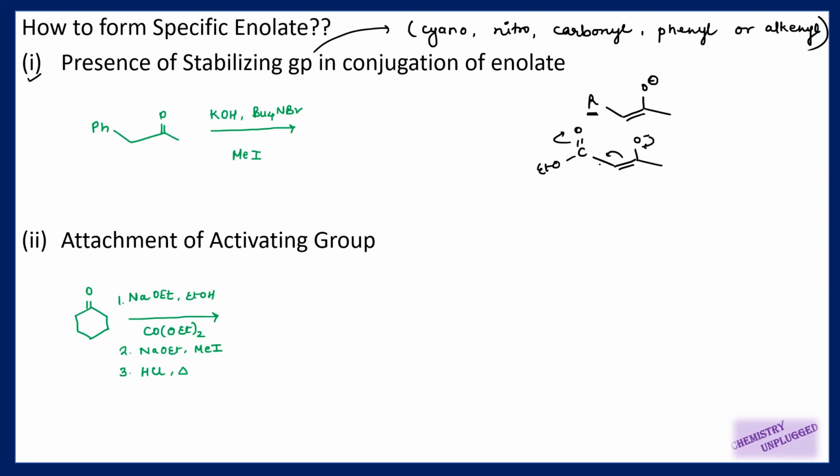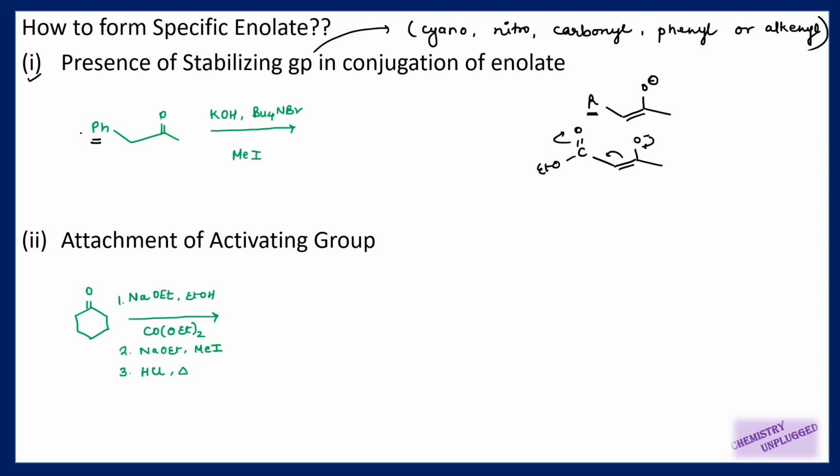So in this case, I have a phenyl ring here. So I have a choice that I can form enolate from this carbon or I can form it from this carbon. If I remove a proton from this carbon, I will get a double bond here after removal of the proton. And if I want to remove a proton from this carbon, then I have to shift this and I will get a double bond here, right? But I have to look at the group attached here.